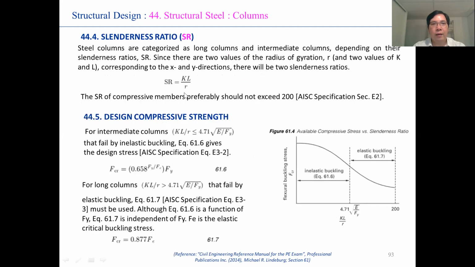And in this slide, I show you the equation for calculating the slenderness ratio SR. SR equals KL per r. And in this part, I show you the design compressive strength of structural steel columns.